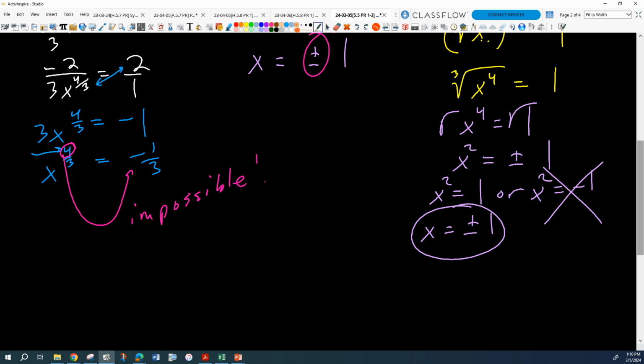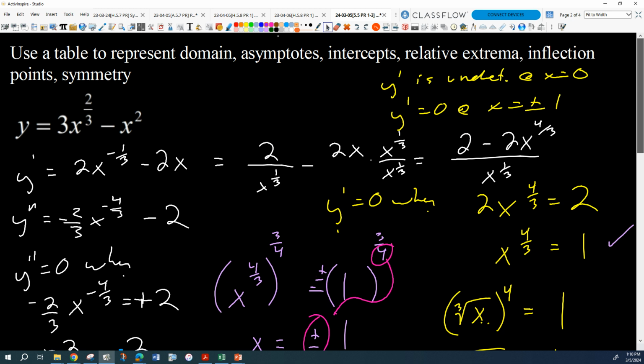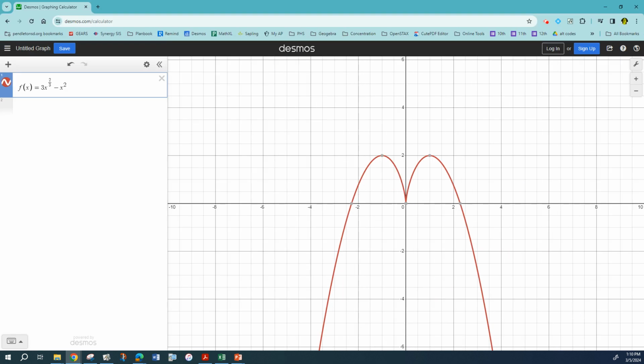Shall we? Man, we've covered a lot. This is pretty good. You guys have seen lots of different looks here. That look familiar? Yeah. There's our picture.